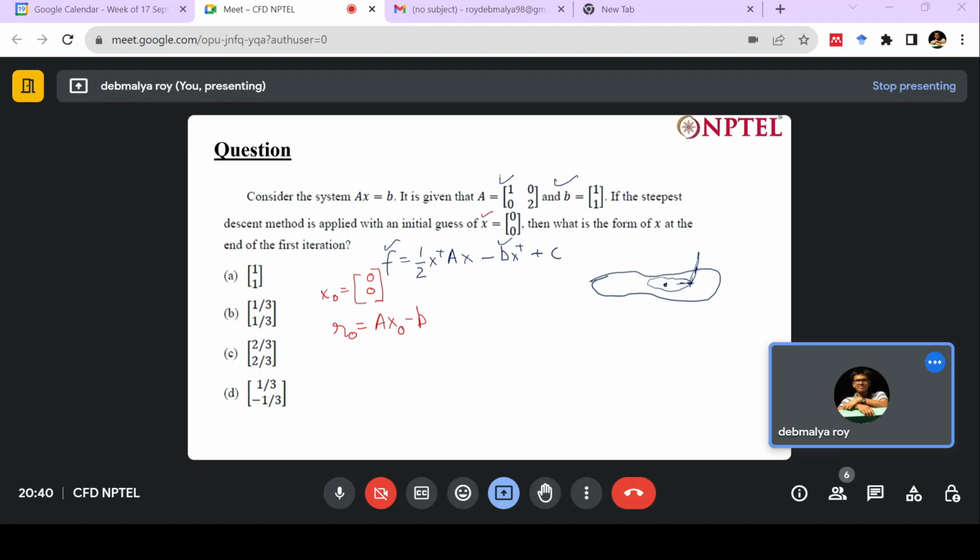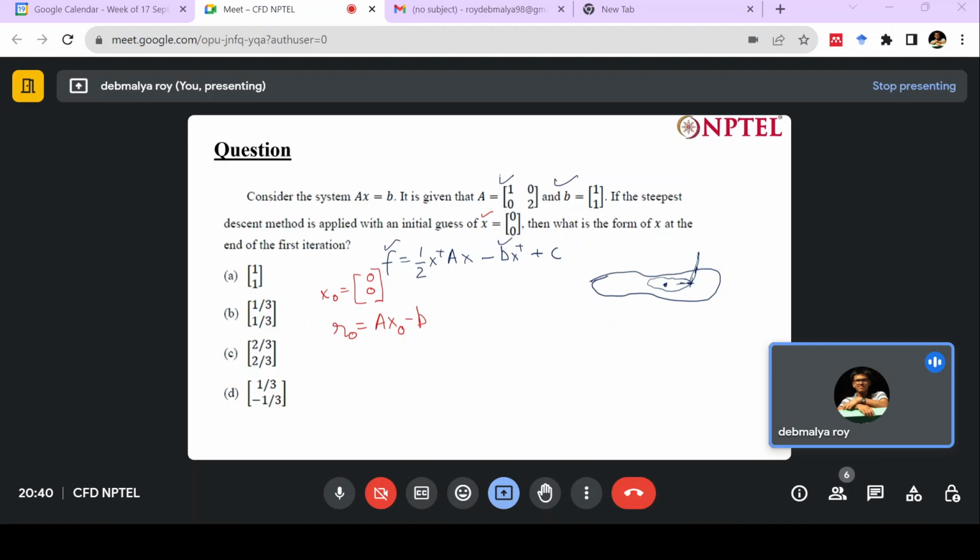This should be 0 if x0 were the perfect solution. But x0 is an approximation, so r0 will not be 0. And this is what we have to measure basically. The norm of r0 should decrease, and if it decreases below a threshold value, we would say the system of linear equations has been solved.